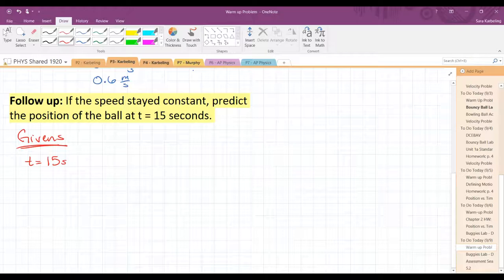What else do you know? You also know the velocity. And your velocity may be different depending on which velocity you found. I'm going to go ahead and use my 0.6 because that's what I found. But your answer might be a little different if you use a different speed. That's okay. Those are my givens. What's my unknown? The distance, or we're going to be fancy pants and call it the what? The displacement, the change in position.